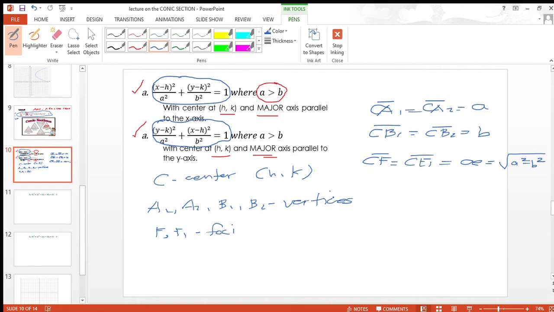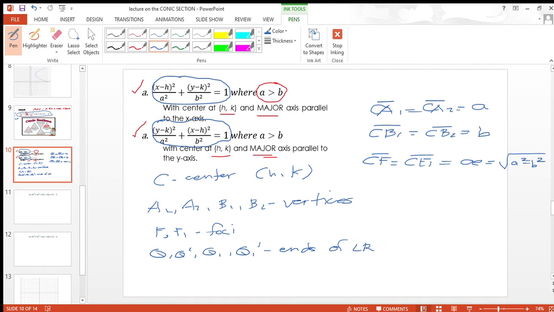Okay? So you have there, distance from center to focus is AE. And then we have also Q, Q prime, Q1, Q1 prime. These are ends of our latera recta. Latera recta, plural for latus rectum.